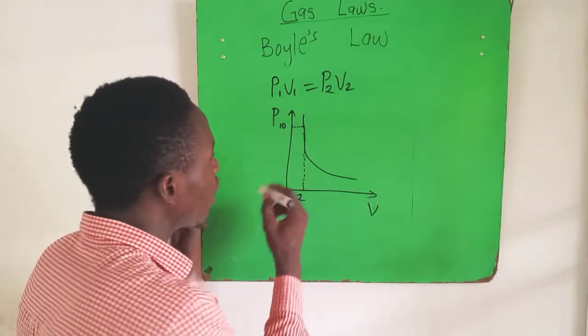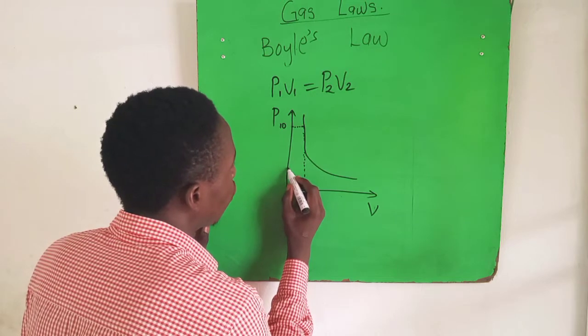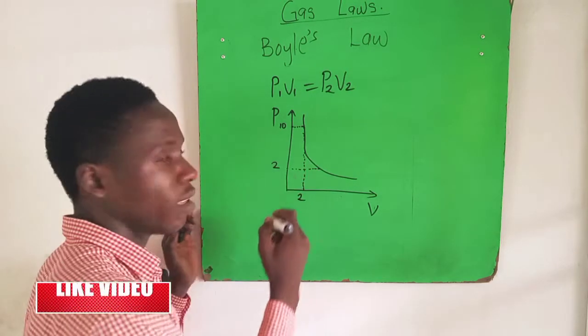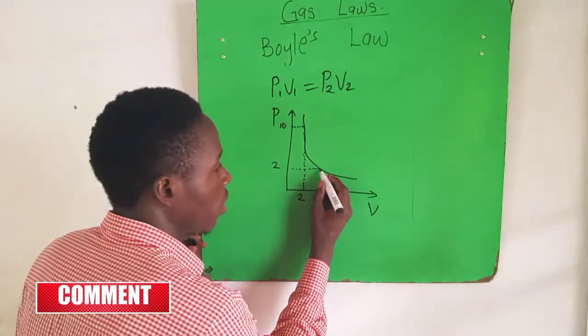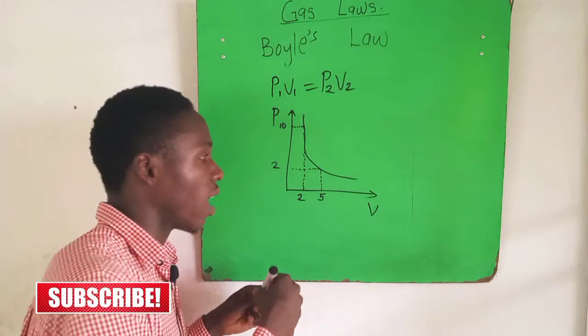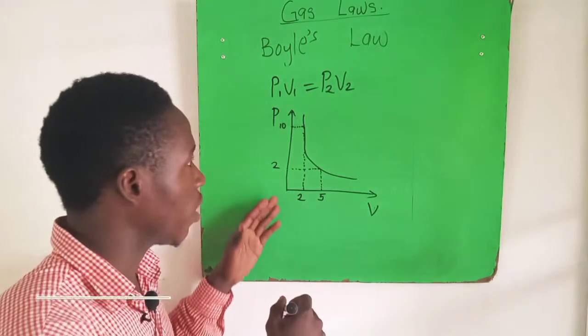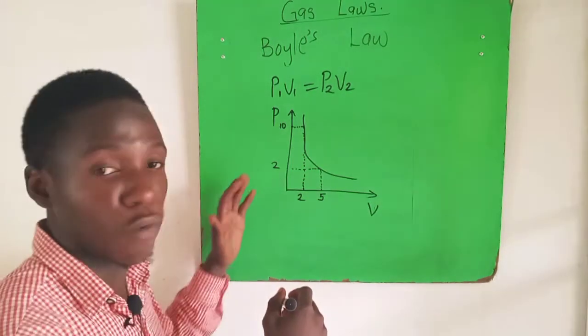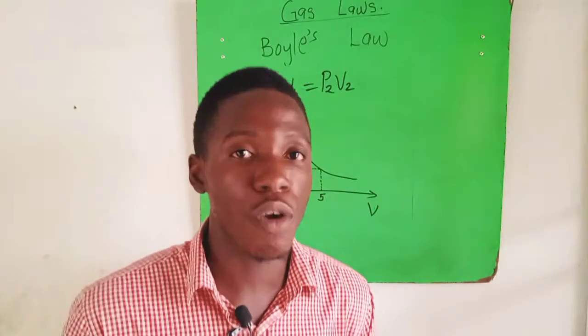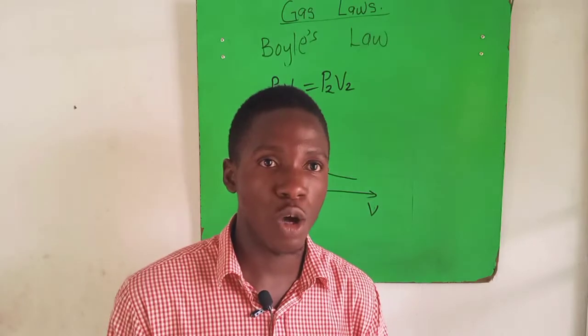Now at this point, if we lower the pressure to say 2 Pascal, note what happens to the volume. We have a volume of say 5 meters cube. So obviously, as the pressure reduces, the volume increases. This is a confirmation of the statement of Boyle's law that they are inversely proportional.